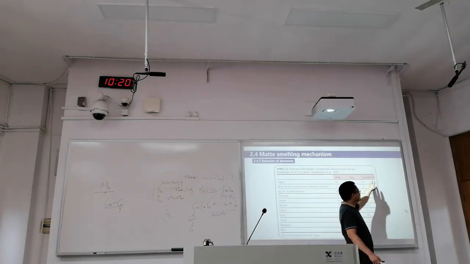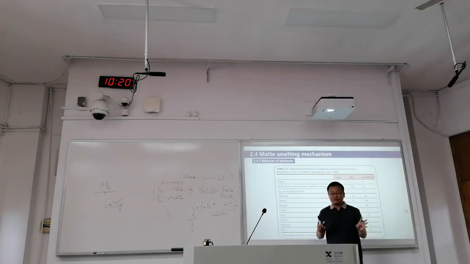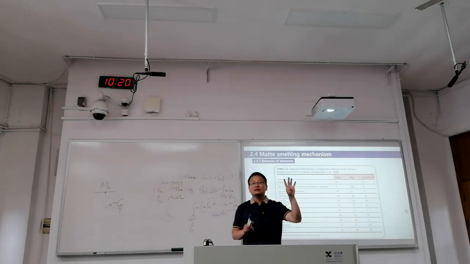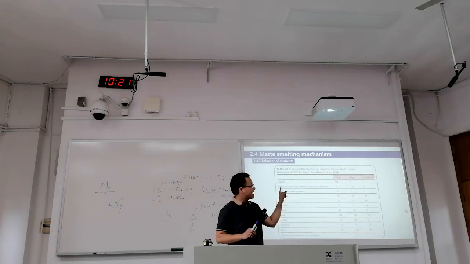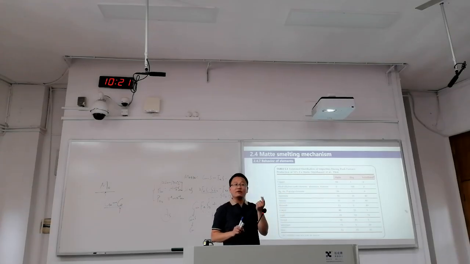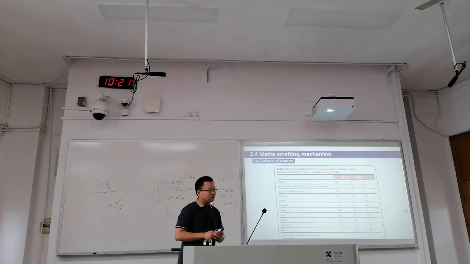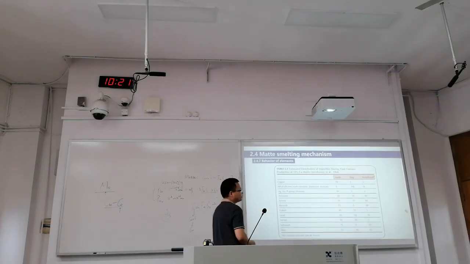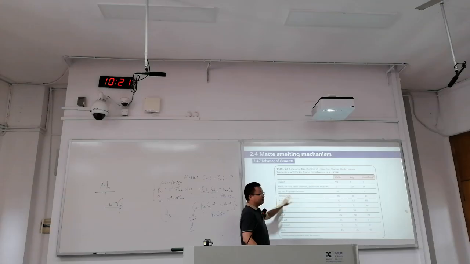Volatiles will have two different streams: the dust and the gas. The solid one will be dust, and the gas phase will be gas. So we have two different streams. If we categorize them into three streams, it's very interesting to follow.